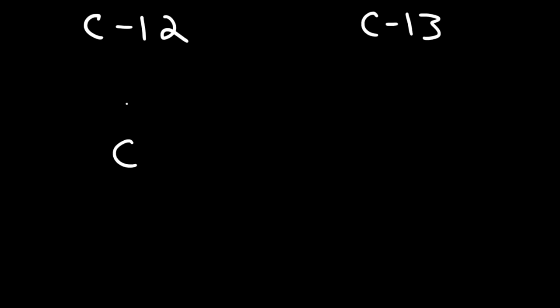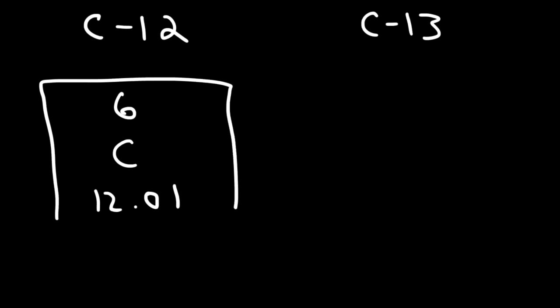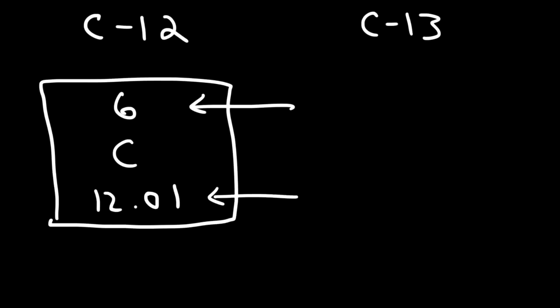Now, when you look at carbon on a periodic table, it's going to look like this. You're going to see the atomic number of 6, which is true for all isotopes of carbon. And you'll see the average atomic mass. So this mass is the average of all the masses of the isotopes of carbon, including carbon-12, carbon-13, and carbon-14.